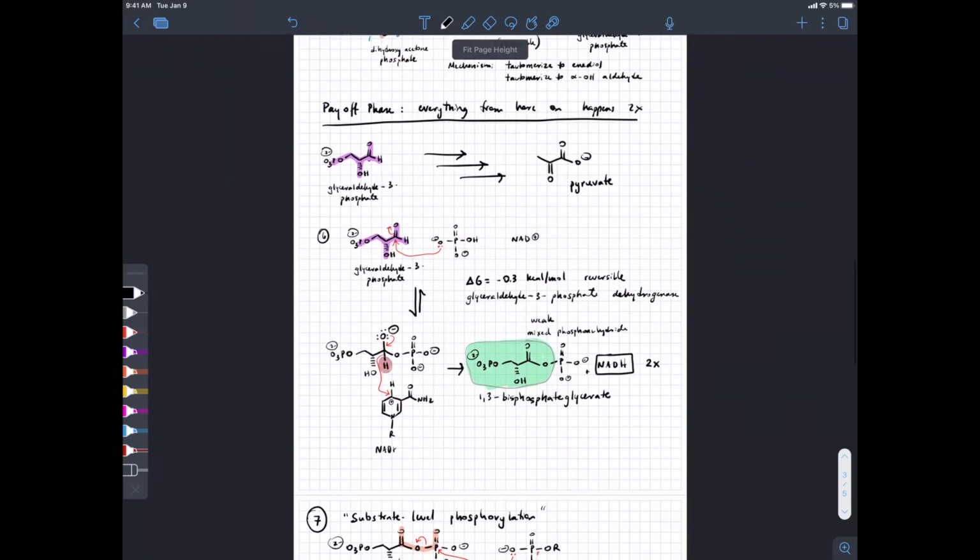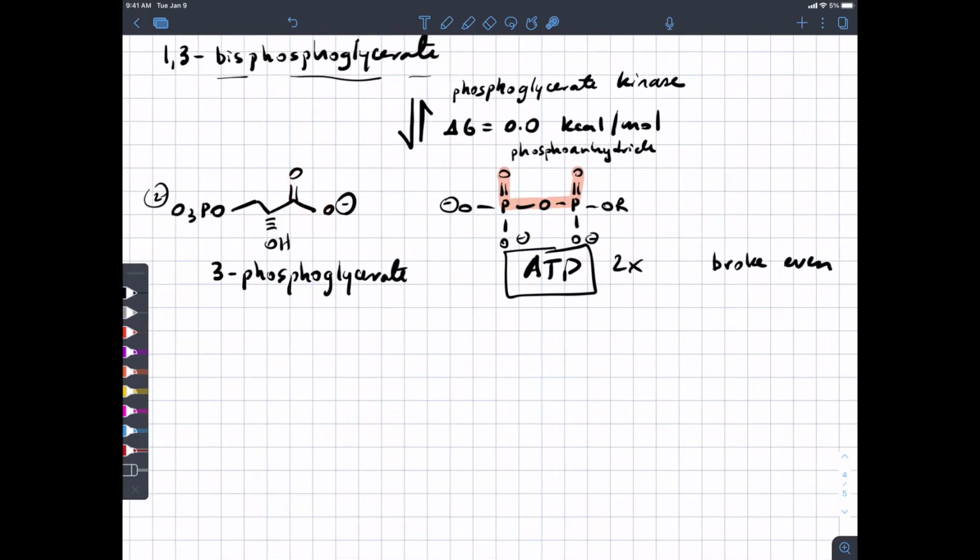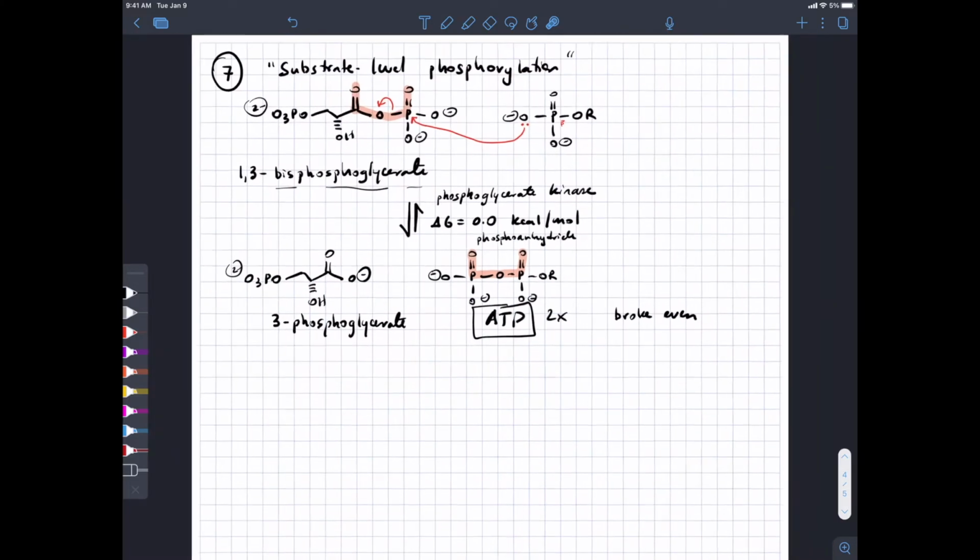And since we want to get to the 3-carbon pyruvate with a carboxylate on carbon 1, we have accomplished having the carboxylate on carbon 1. Everything from here on out is going to be about making more ATP and about rearranging the bonds here to have a ketone on carbon 2.